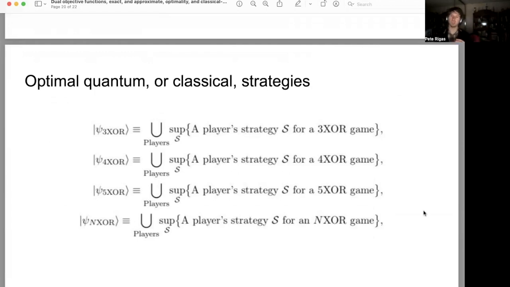It's really coming into play in terms of framing well-posed optimization programs that are taken with regards to the partial ordering of the positive semi-definite cone, and in particular how this is relating to these quantum states for the 3 XOR game, the 4 XOR game, the 5 XOR game, and the n XOR game, namely psi 3 XOR, psi 4 XOR, psi 5 XOR, or even psi n XOR, which is ultimately relating to a union over all of the possible players or agents in the game and taking a supremum over their possible strategies.